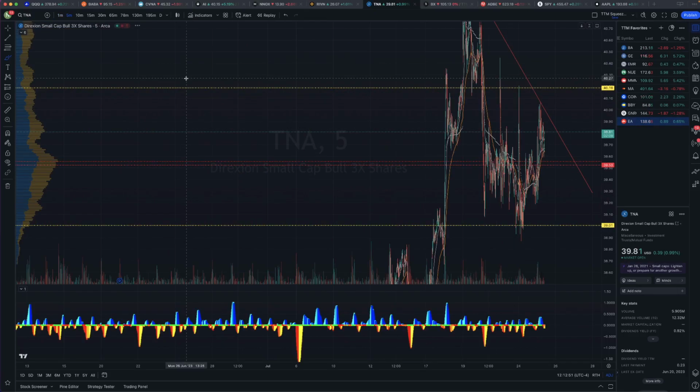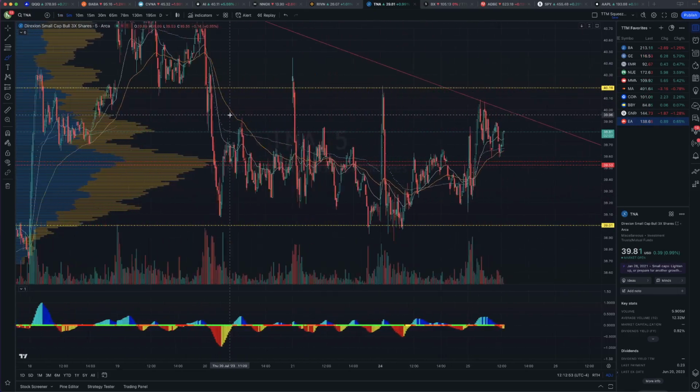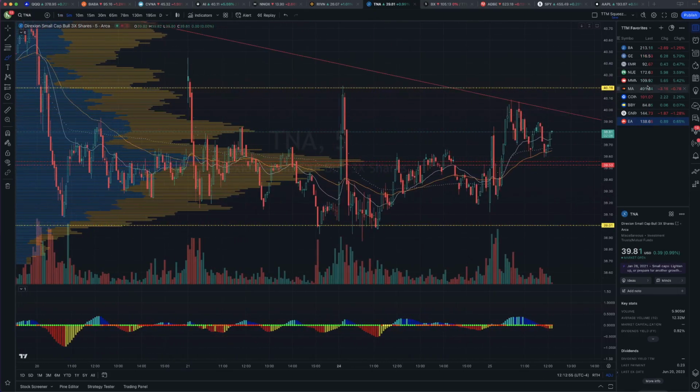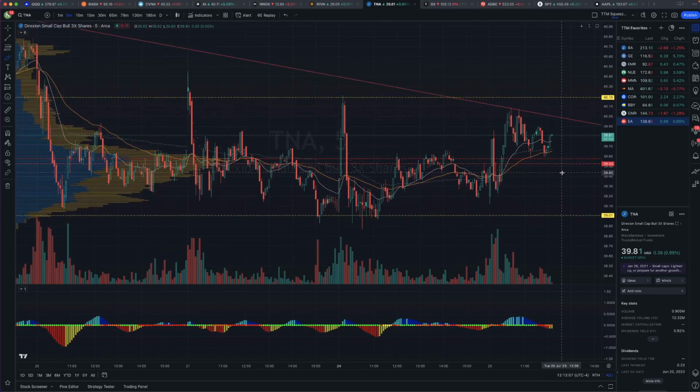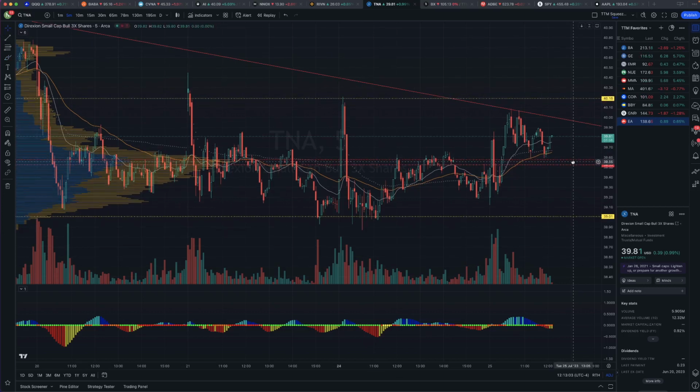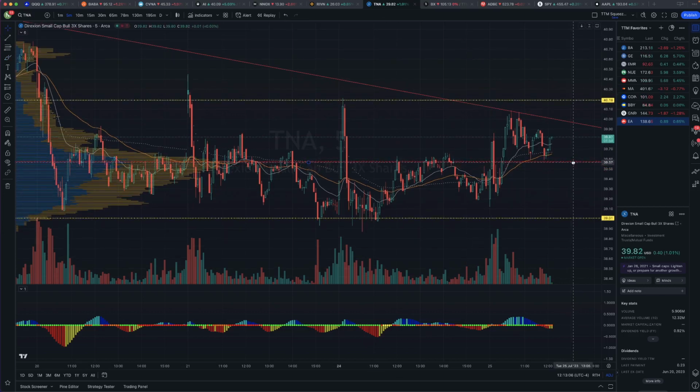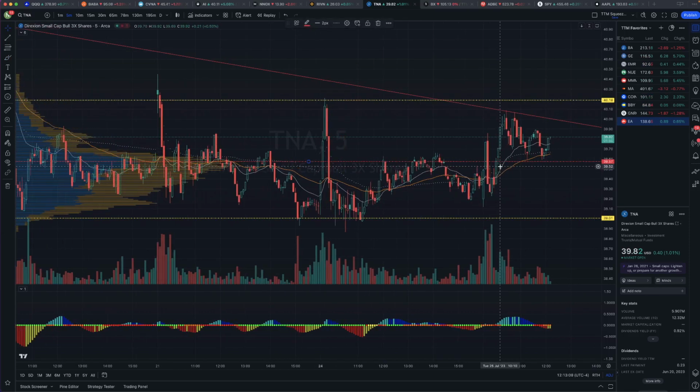I'll go to a 5 minute to make this a little easier to look at. Okay, we've got support and resistance, yellows, and then we've got our red line, which is our point of control. I'm going to get those to match up. One's the auto point of control, and then the other one is the one I drew.